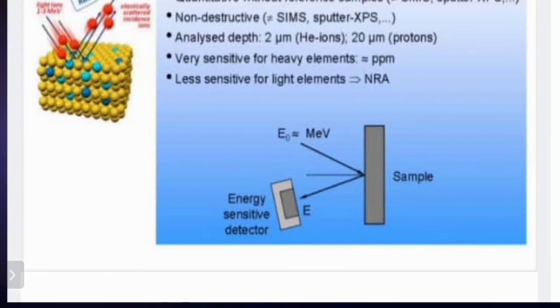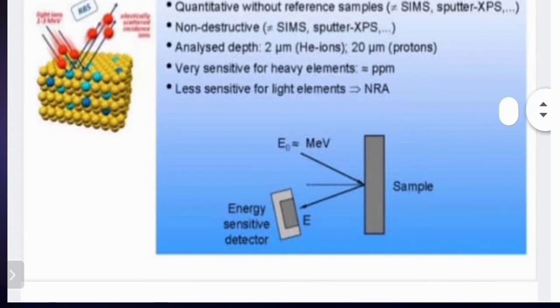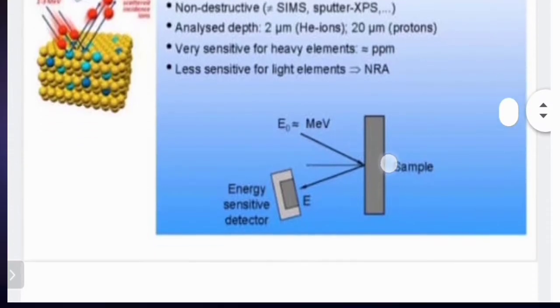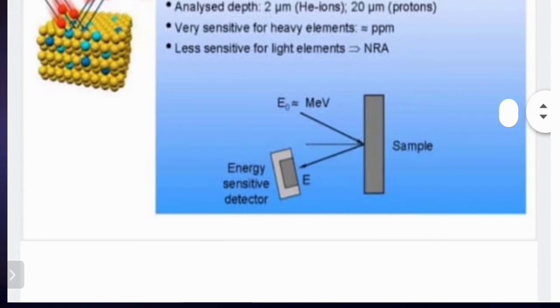In general we use helium plus or protons as the source in the backscattering experiment. Once we use helium as a source, the backscattered ions are again helium only. So we do not differentiate the ions; we get the same type of ions, only the change in their energy takes place. That energy change we are going to determine.